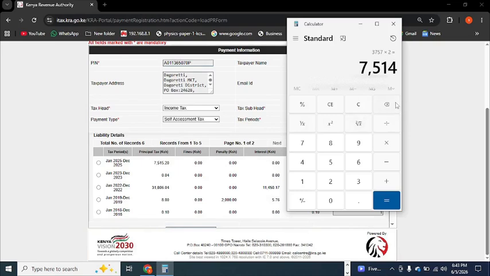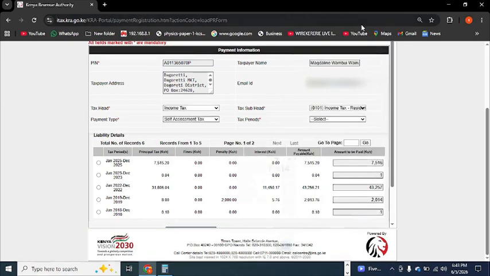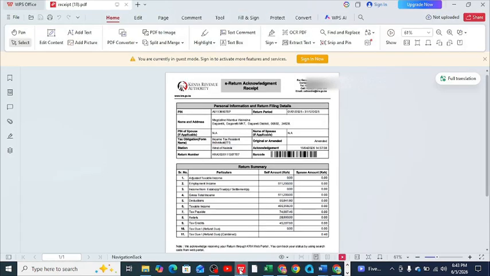Let me see if I can move this calculator a little bit. So you can notice it's 7514, and here we are having 7516, just a rounding off difference. So that is the whole analogy of why you are filing your tax correctly and generating the receipt with the correct amount, and you end up getting yourself a tax liability.